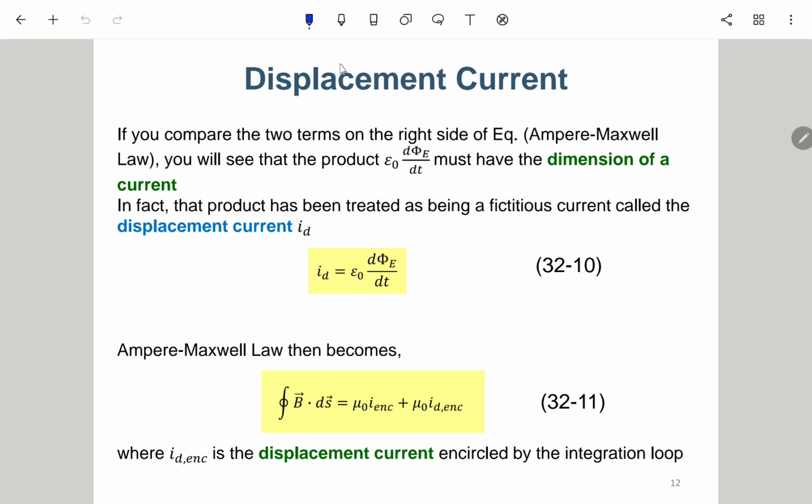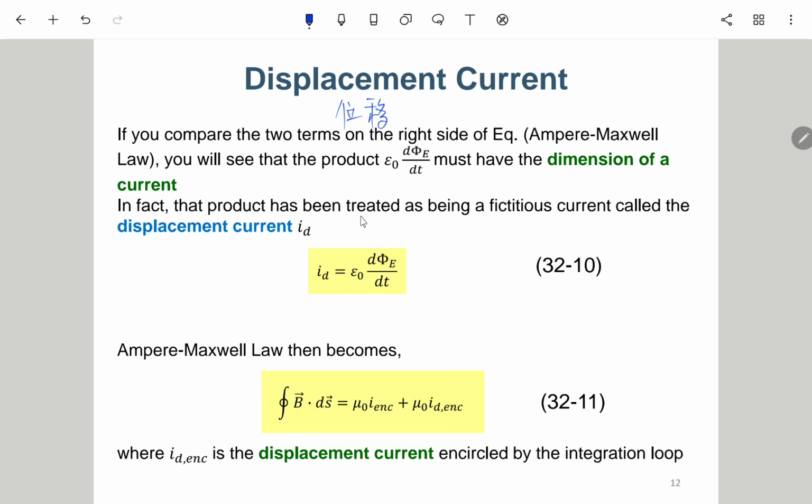Okay, so here we will talk about the displacement current. It says if you compare the two terms on the right side of the equation, Ampere-Maxwell law, you will see that the product, this one, must have the dimension of a current.